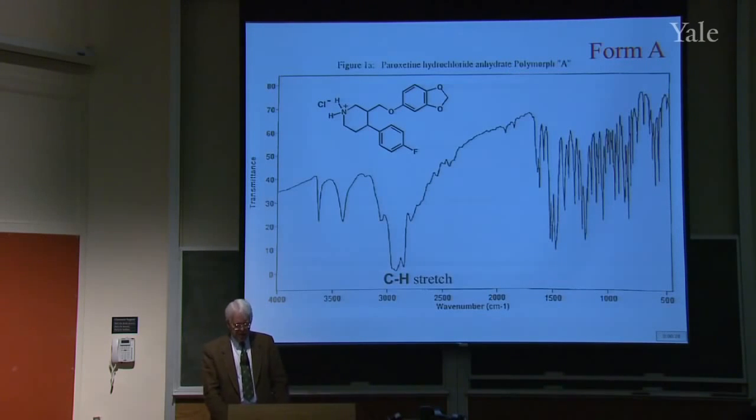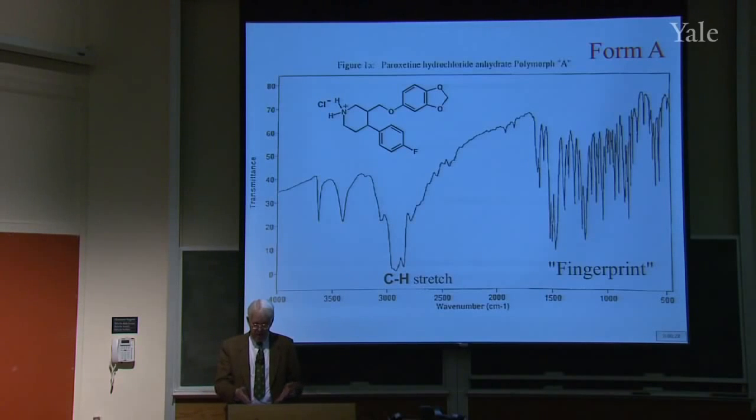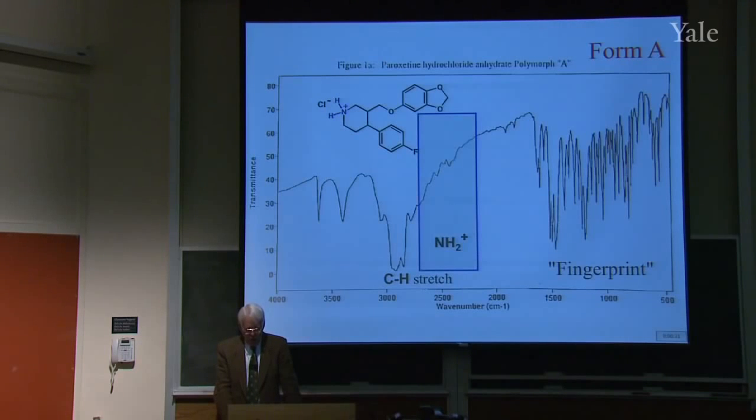Now, what do we see in this spectrum? We see CH stretching peaks over at the left, and we see fingerprint regions on the right, with all these complicated combinations of things. But is there anything we can identify? Well, this big shoulder in here turns out to be characteristic of ammonium ions, NH+.